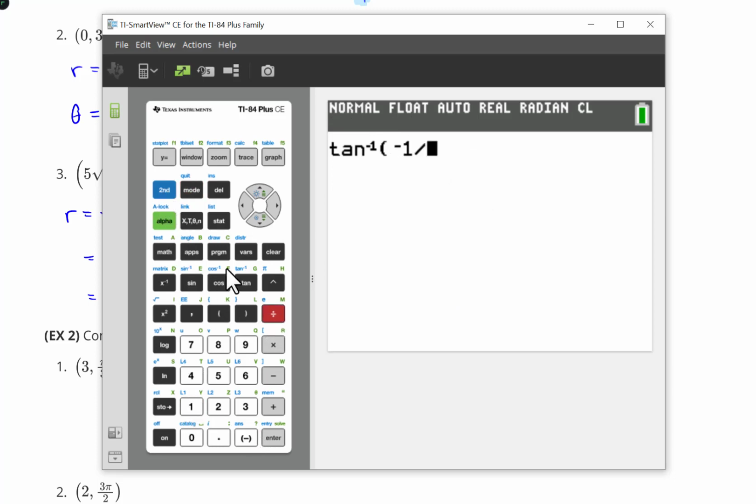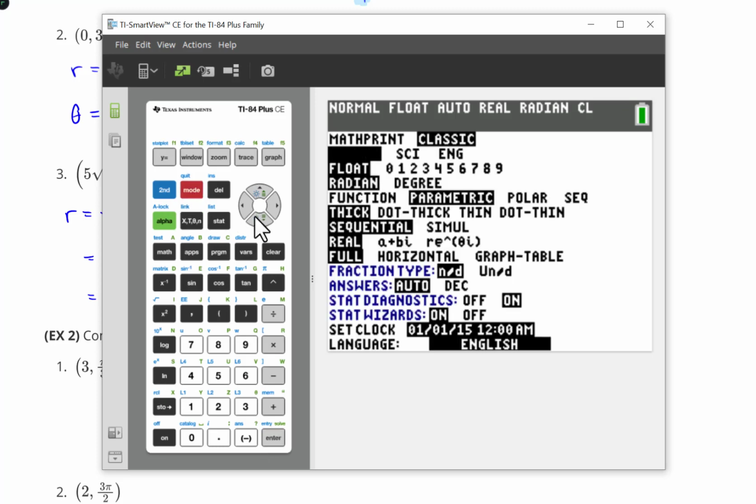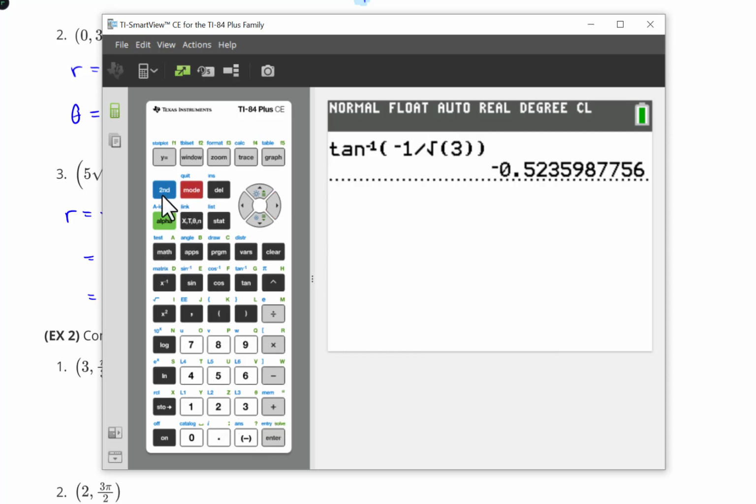-1 divided by the square root of 3. It's not quite as easy to tell what that angle measure is in radians versus degrees. So we do the exact same operation, but now in degrees. Oh, -30 degrees.